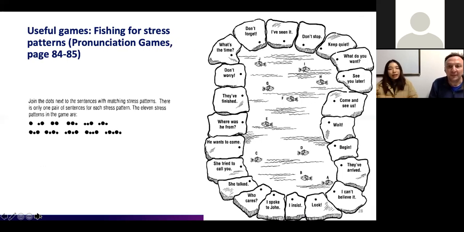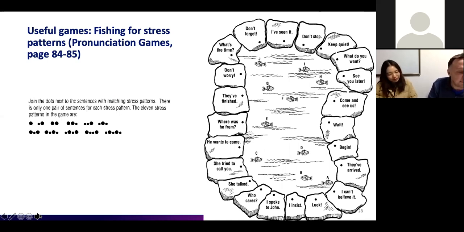Okay, now let's look at another useful game which is called fishing for stress patterns. And you can use it while talking about sentence stress. Yeah, so after a difficult day of teaching pronunciation, you may feel like going fishing. So you could try to trap one of these fish in the pool.